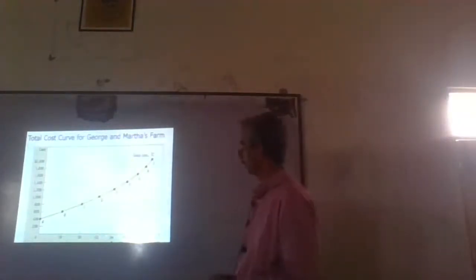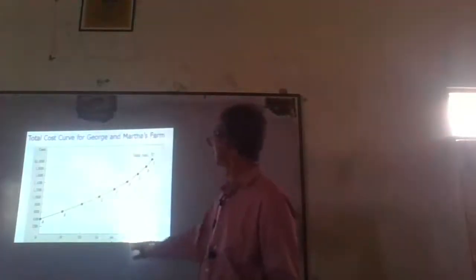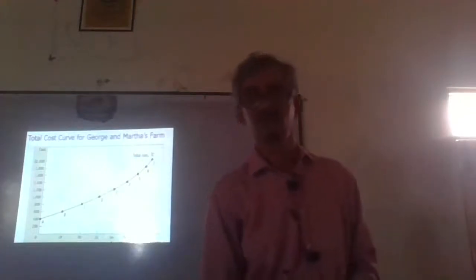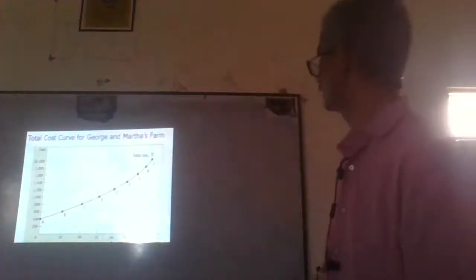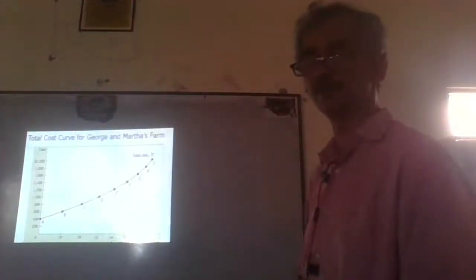Now the total cost curve for George and Martha's firm. You can see that the more workers we are adding, the quantity of bushels is written horizontally and the cost is written vertically.